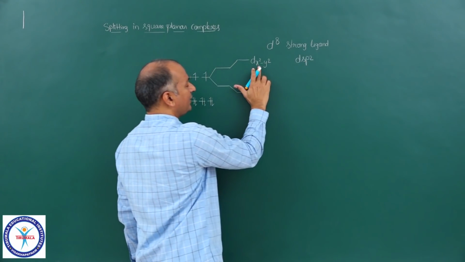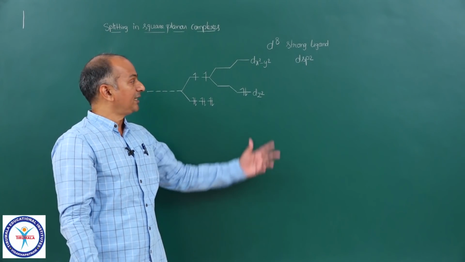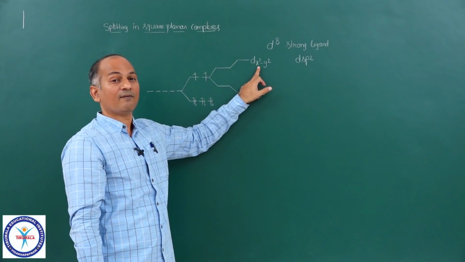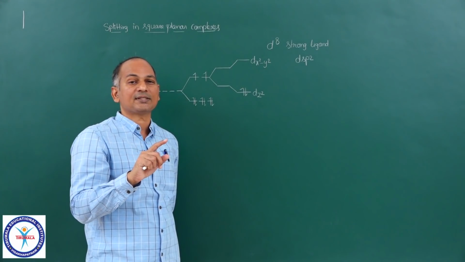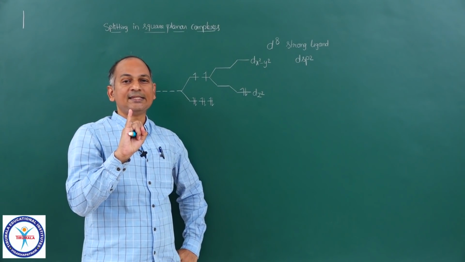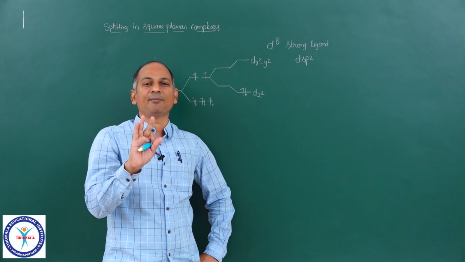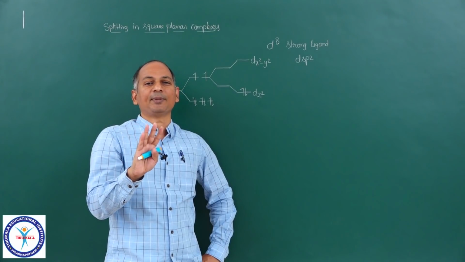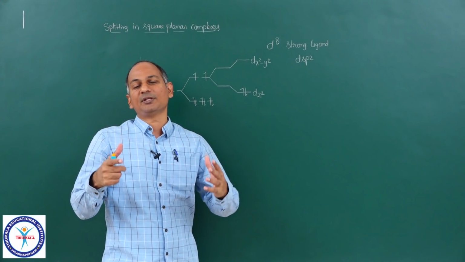Now you see which orbital is used up in that hybridization: whichever is vacant, that is dx square y square. And you recall all the square planar complexes: Ni(CN)4 2-, platinum complexes, palladium complexes, Au3+ complexes, all the 4d, 5d elements whenever the coordination number is 4.